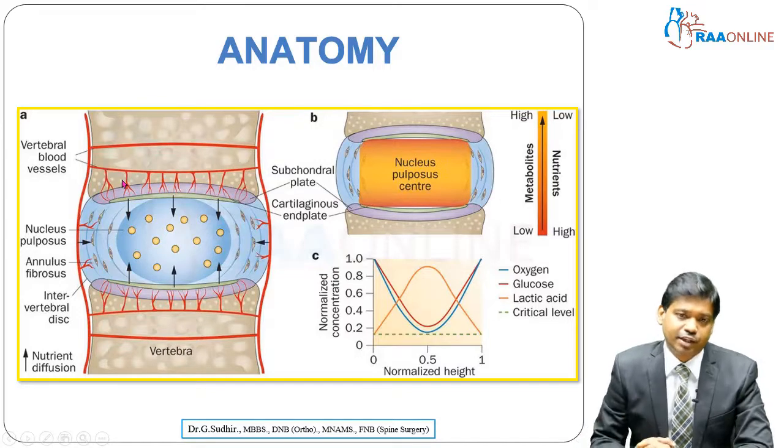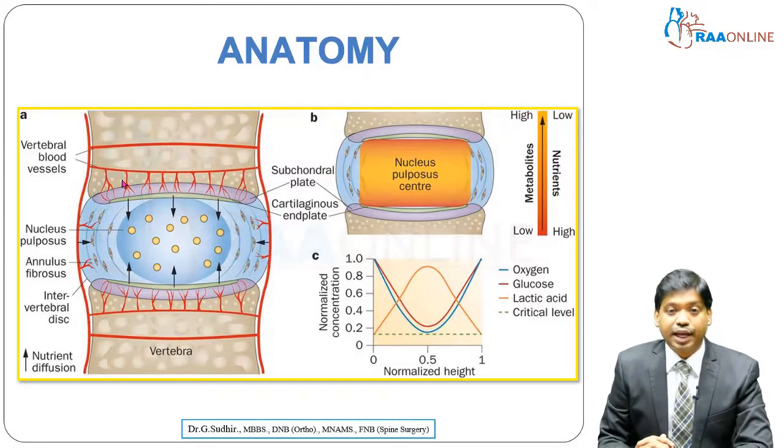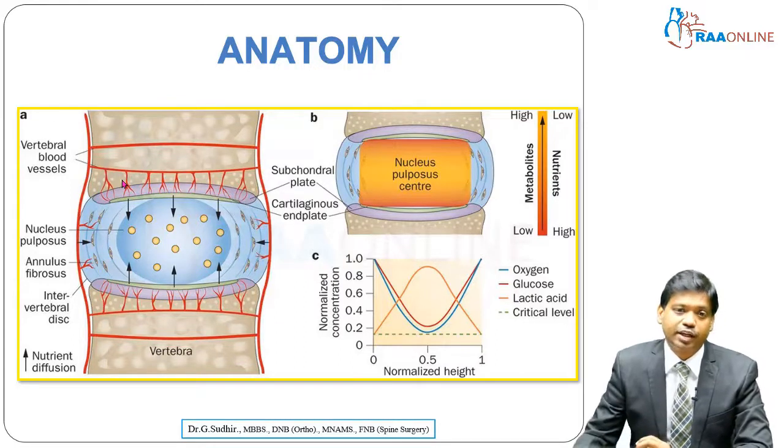We have to be very clear about this. The disc is an aneural and avascular structure. That is, there is no neural supply and there is no vascular supply to the intervertebral disc. However, the outer layers of the annulus are richly vascular and richly neural.